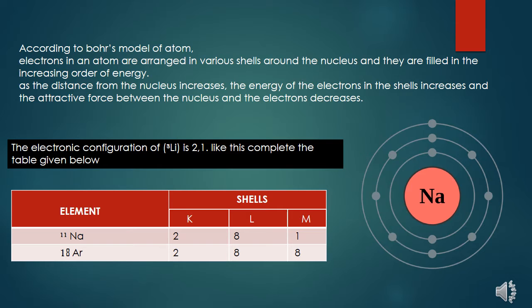As you know, the first 2 electrons lie in the K shell, whose shell number is 1, the next 8 electrons lie in the L shell, and the last 1 electron lies in the M shell. In the case of argon, the first 2 electrons lie in the K shell, the next 8 electrons lie in the L shell, and the outermost shell includes 8 electrons.